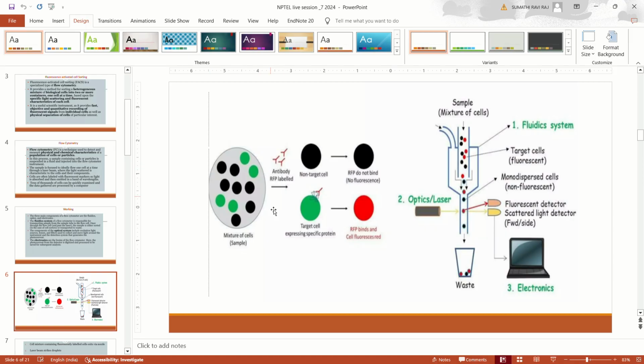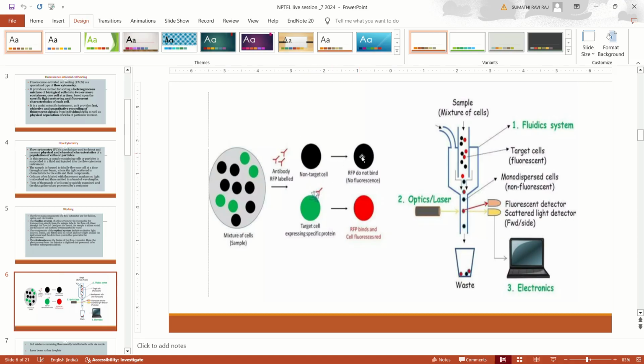Whichever cells you want to label, you have to know the marker for it. If you have a marker, you will make an antibody with a fluorophore tagged to it against that particular marker of your cell of interest. So then you have your antibody labeled with RFP. Now when you mix your fluorophore with your sample, your fluorophore tags will go and attach to your target of interest or your cell of interest.